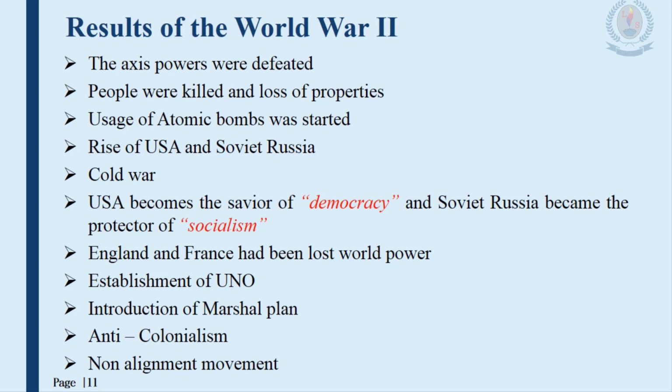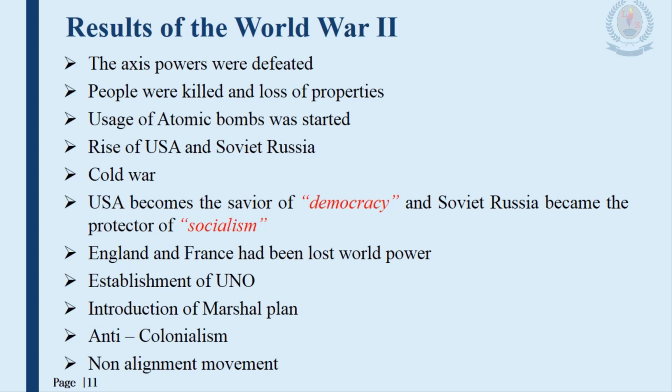Establishment of UNO, otherwise the United Nations Organization. It was a major result of the Second World War. UNO was officially started on 24 October 1945 to maintain international peace and security, to develop friendship among nations in the world, to get international assistance in confirming human rights and independence.